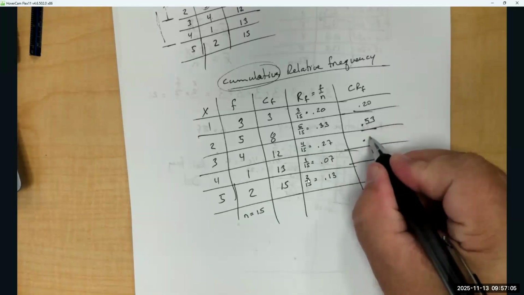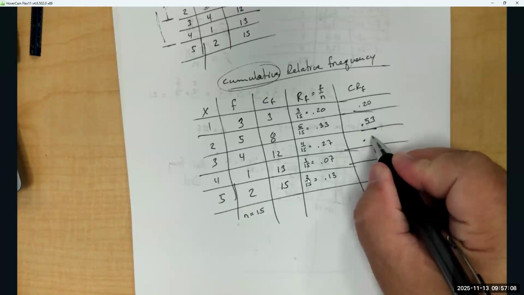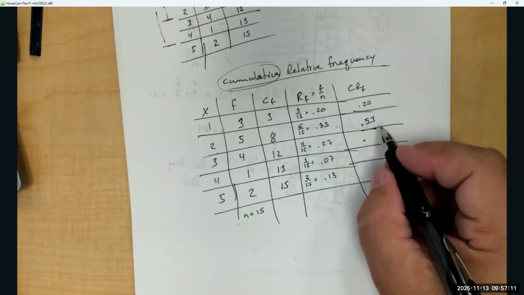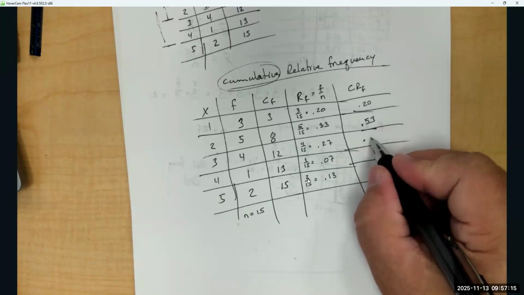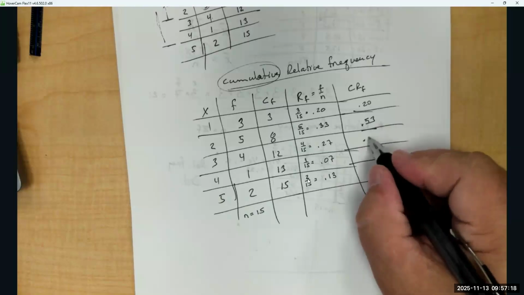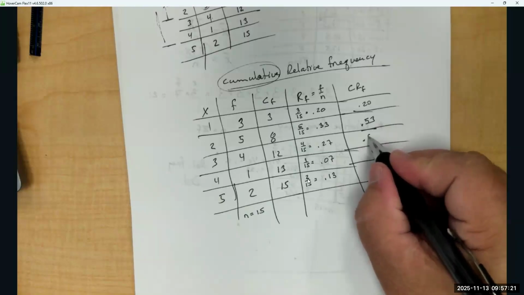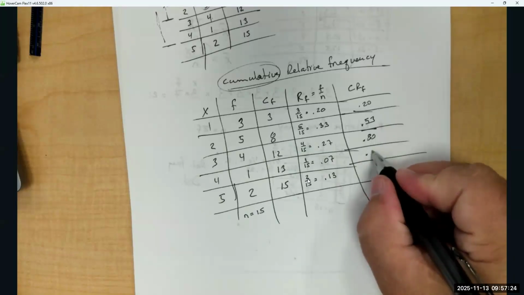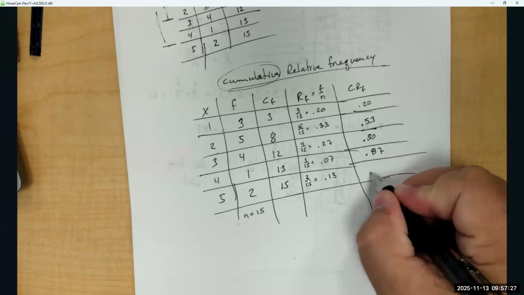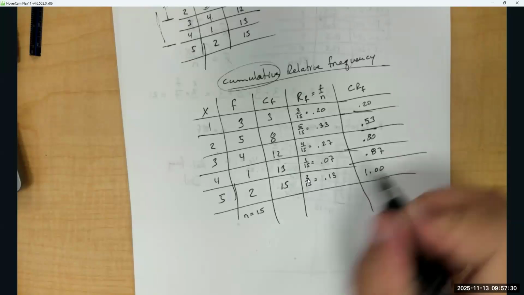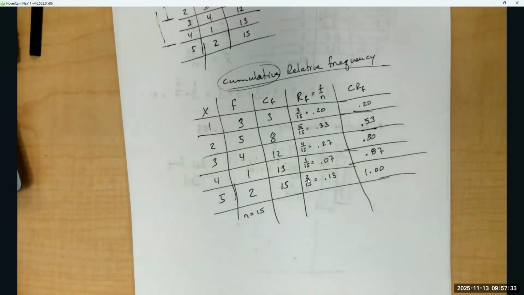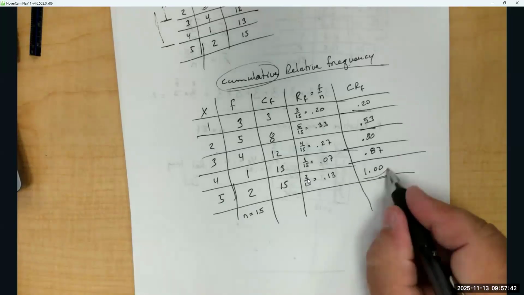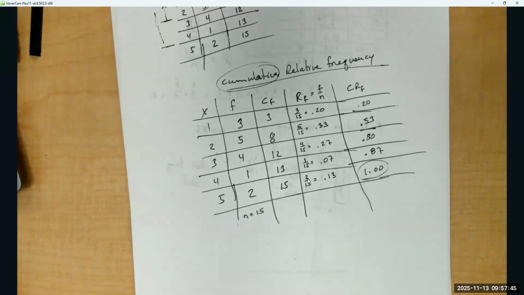Then what's the next one? Whenever you look at the relative frequencies, if you add them all together, they better equal 1.0, because it's the ratio of each one individually over all of them.